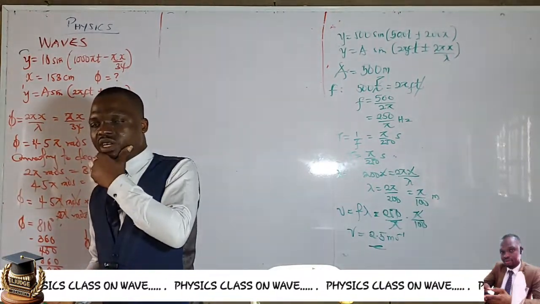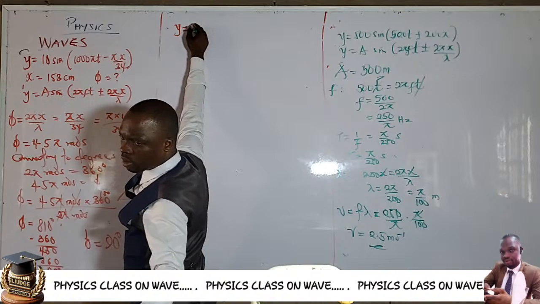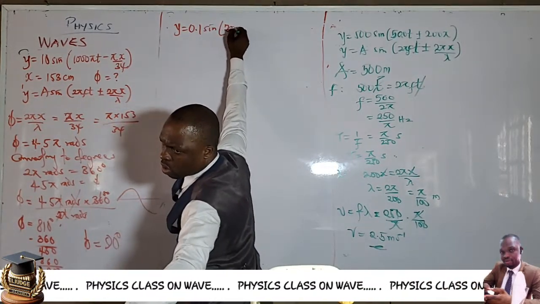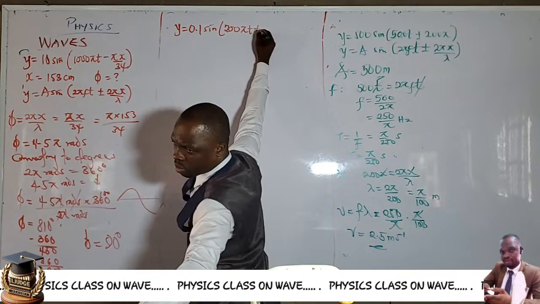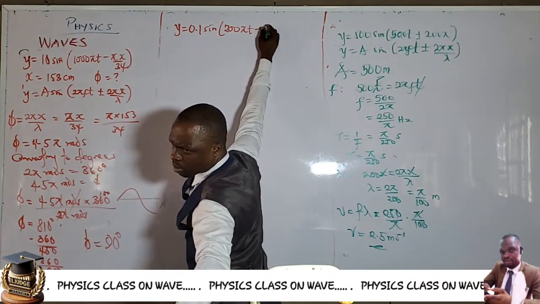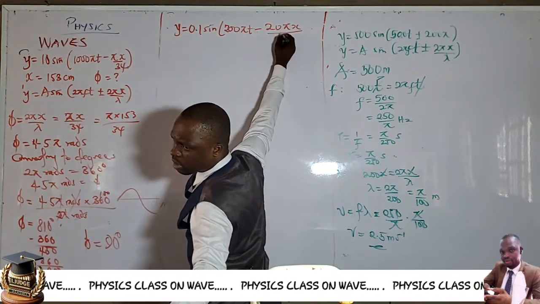A plane wave is represented by the equation y equals 0.1 sine (200 pi t minus 20 pi x over 17).